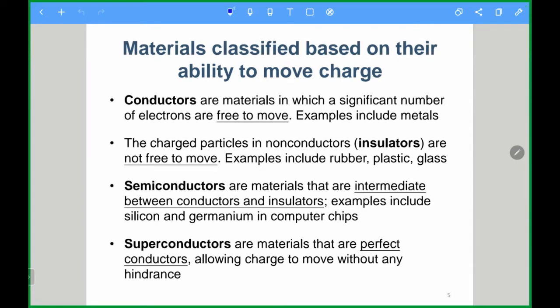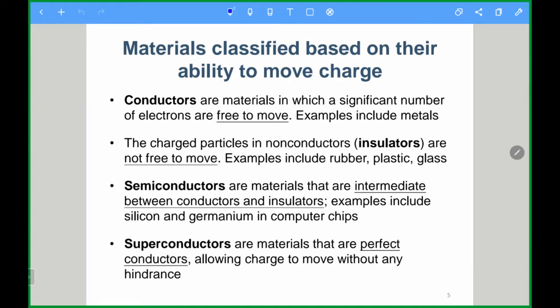For the next part, we will talk about the classification of materials in terms of conducting ability. Even in primary school, you learned something about the conductor and also the insulator.